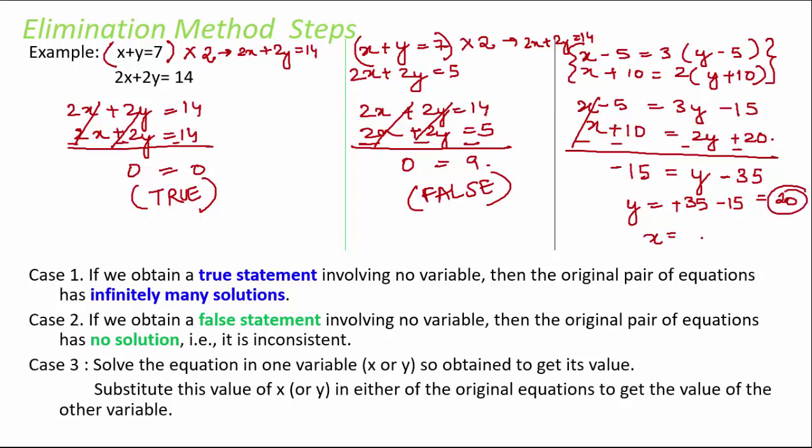Now x is equal to minus 10 plus 3y, which comes out to be 50. So basically x you can find out, right? Because x minus 5 is equal to 3y minus 15. So y is 20, put that value and you will get x as 50. So this is the third scenario where you have a finite solution. x is equal to 50, y is equal to 20, right? So these are the cases for the elimination method.